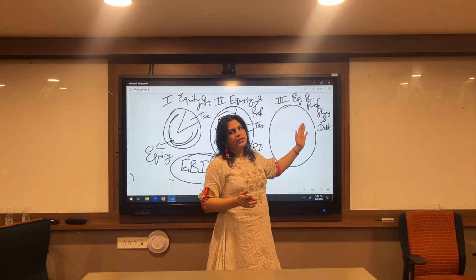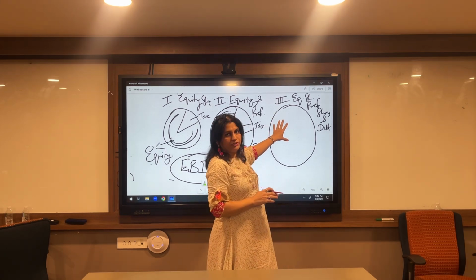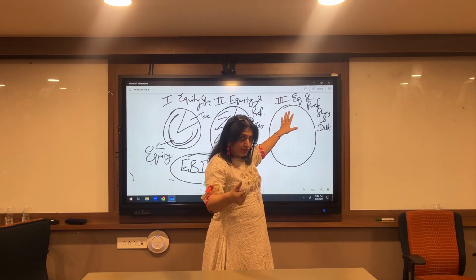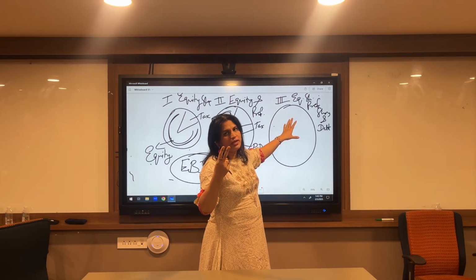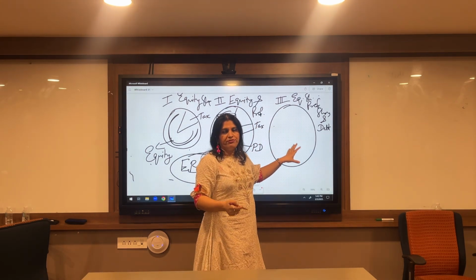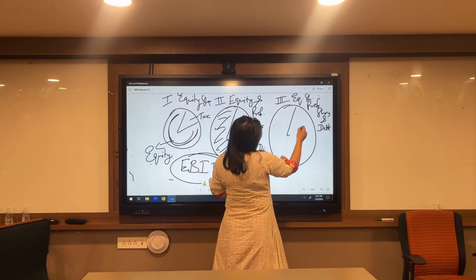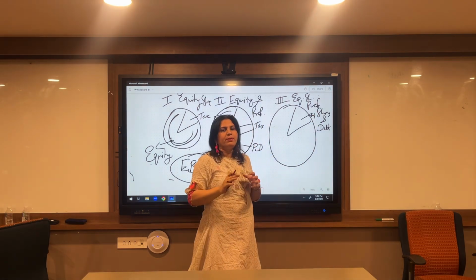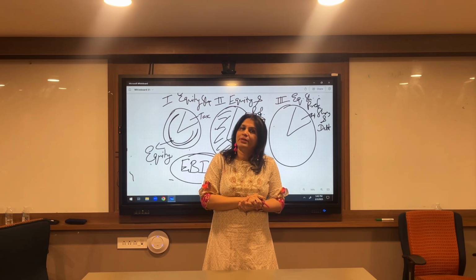Talking about the third type of capital structure. In the third type of capital structure, we have presumed that the company has equity shares, the company has preference shares, and the company also has a component of debt. Then here what will the company pay first? Here the company will pay interest first. The simple reason why the company will pay interest first is that the cost of debt is deducted from tax.